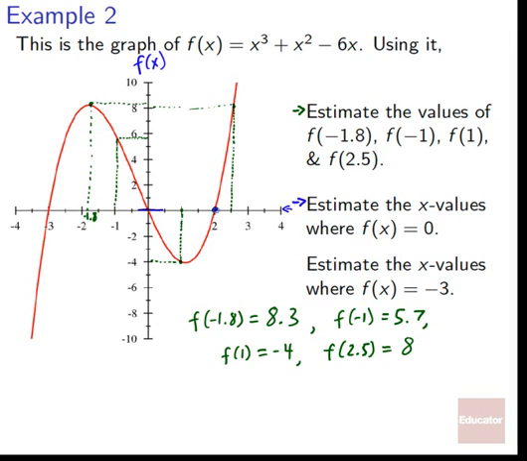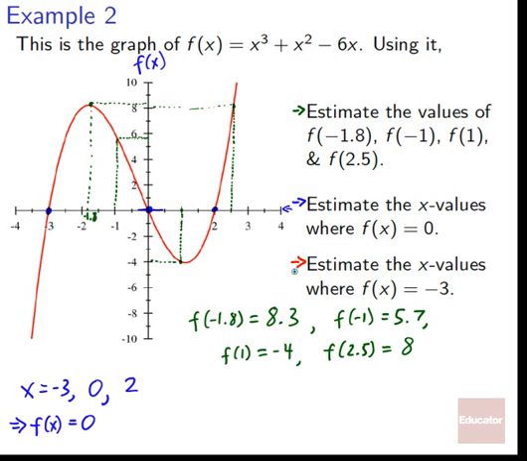So it looks right here, it crosses the x-axis at 2, crosses the x-axis at 0, and crosses the x-axis at -3 precisely. There's nothing else crossing there, so we can assume that we've found all the x values. So it seems that it's going to be x equals -3, 0, and 2 all cause f of x to come out as 0. Great.